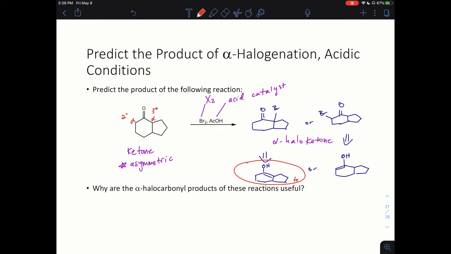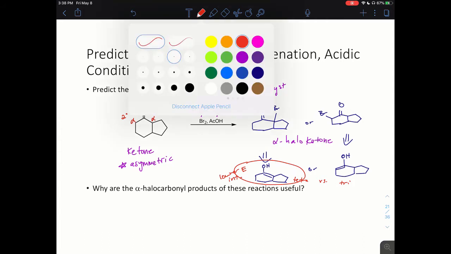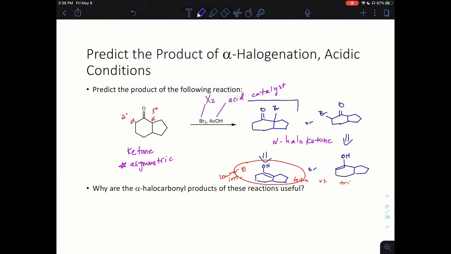This enol is tetrasubstituted versus a trisubstituted one, so sorry, it's one, two, three substituents and a hydrogen, so trisubstituted. And tetrasubstituted, an enol will be a lower energy intermediate. So in fact, this alpha haloketone is the major product observed.